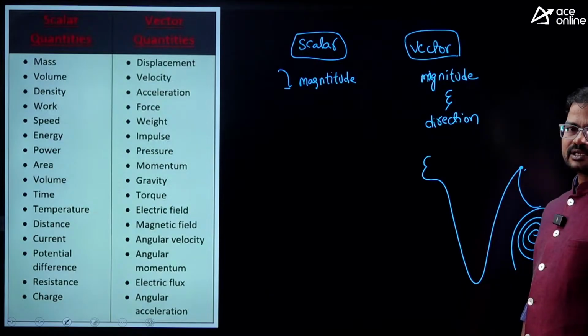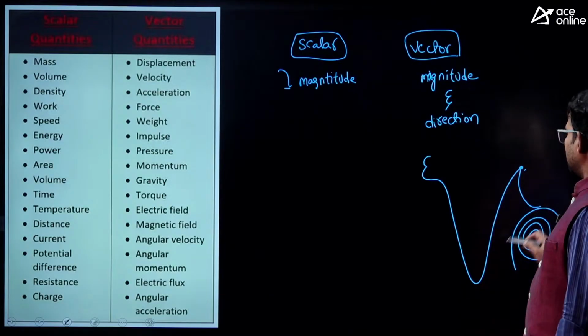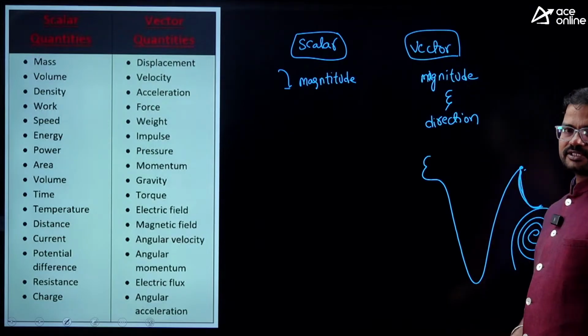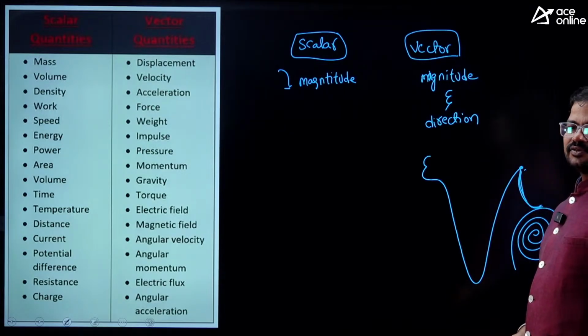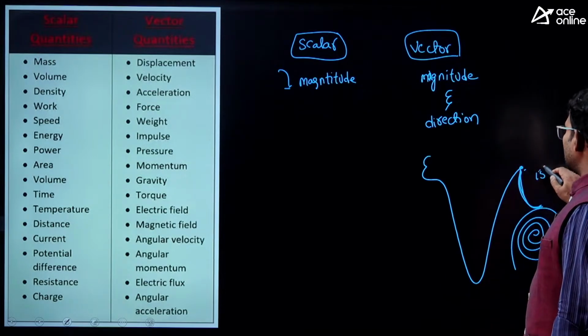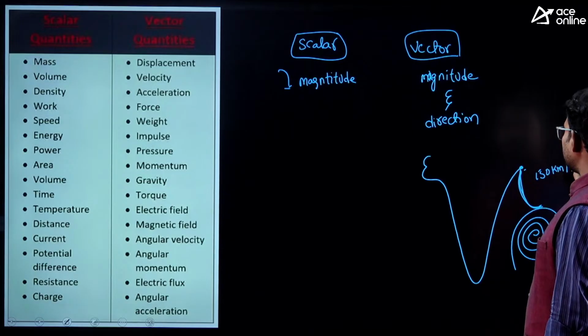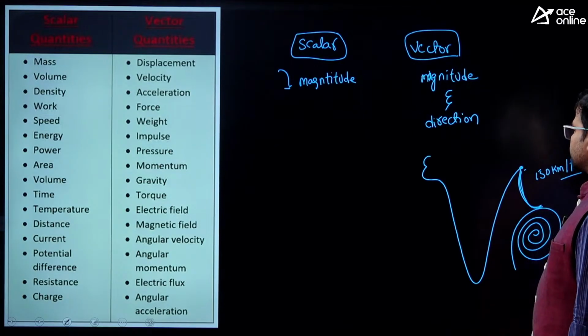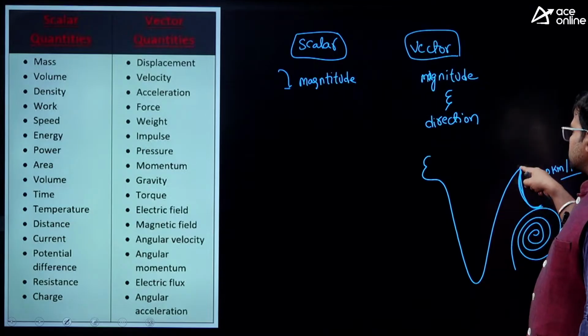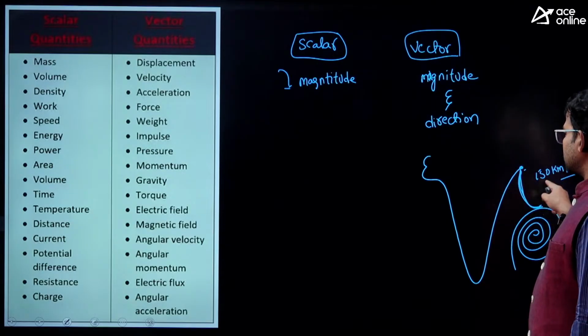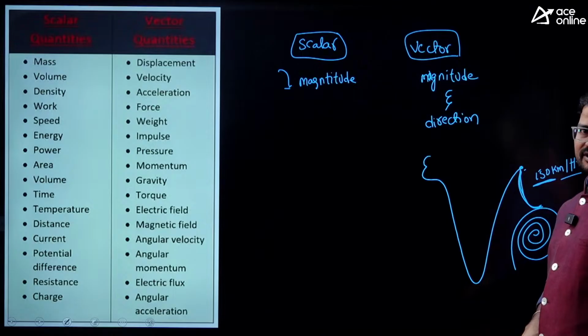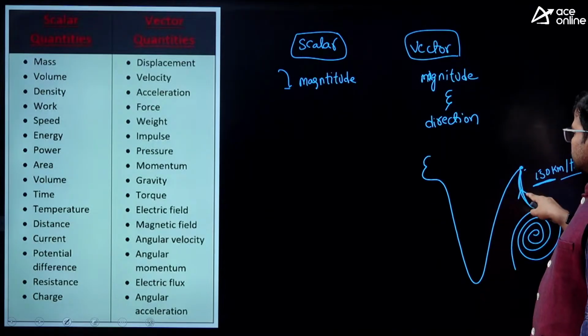In the news they give statements like: within 8 to 20 hours we will get severe wind forces of 150 kilometers per hour, towards Visakhapatnam or Machilipatnam, or towards Odisha or West Bengal. Here 150 is the magnitude, and they also mention the direction.